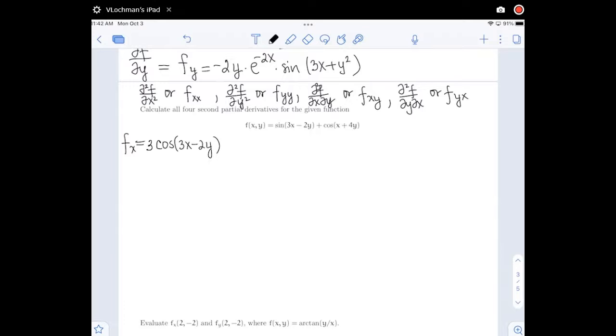Derivative of cosine is negative sine, and the derivative of the argument with respect to x in this case is 1. So I'm going to put it here just to show that we did do it. Okay, so let's take a look. 3 cosine of 3x minus 2y minus 1 sine of x plus 4y. Okay, let's pause here for a second before we go on. Does that look right to you guys?